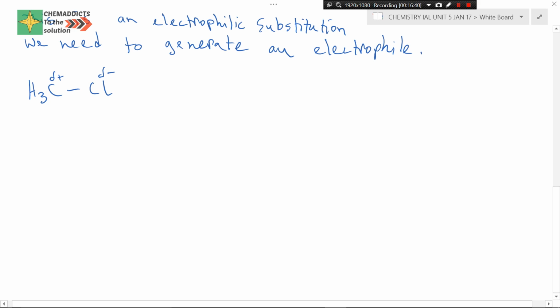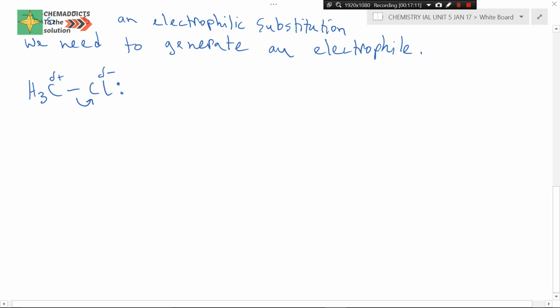Carbon being more electropositive and chlorine being more electronegative. So there would be a transfer of electrons from carbon to chlorine, since chlorine is more delta negative. This bonding pair of electrons will go to chlorine over here.